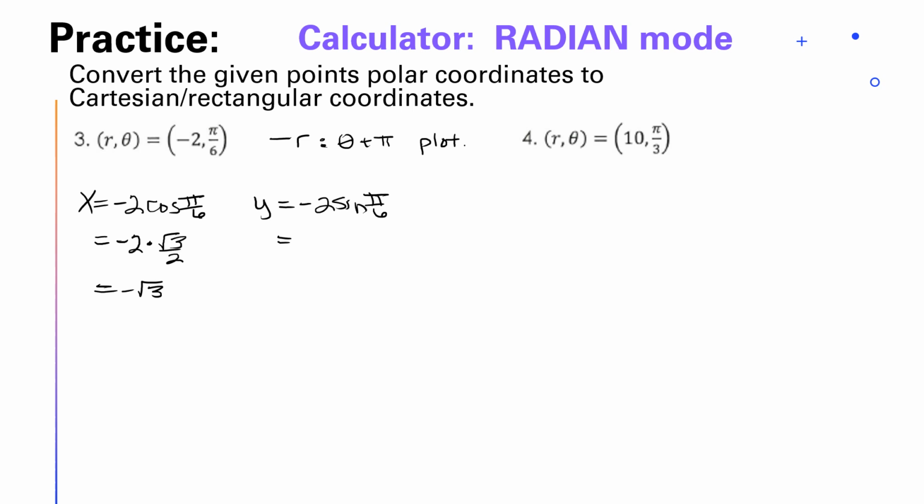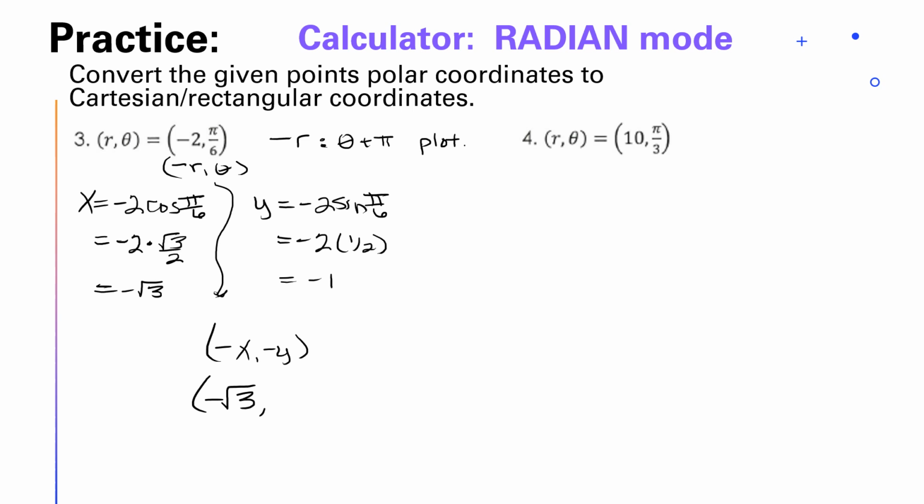And that works out to be -2 multiplied by 1/2, which is -1. So when we convert from a negative radius and a positive theta, that gives us a -x, -y in this particular case. Our Cartesian points are -√3, -1.